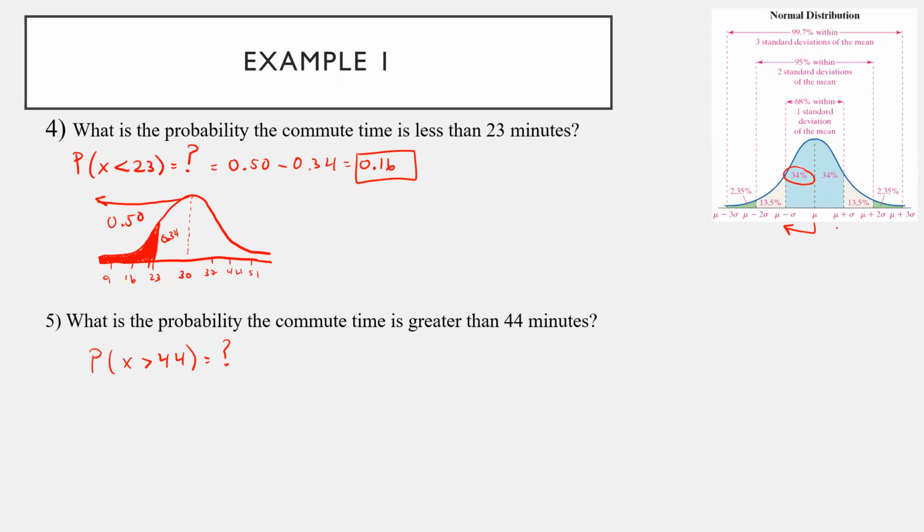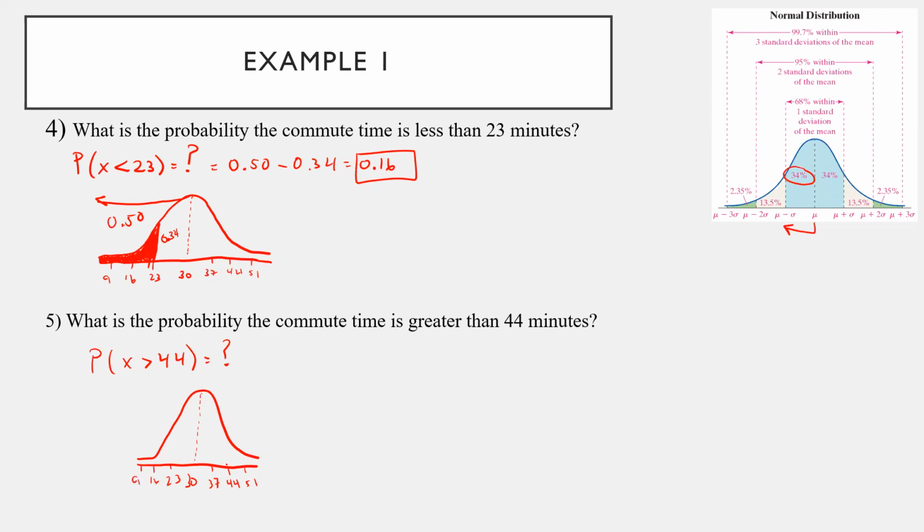Okay, so again, we wrote the probability statement. Let's sketch the density curve. You're centered at 30. So 37, 44, 51, 23, 16, and 9.